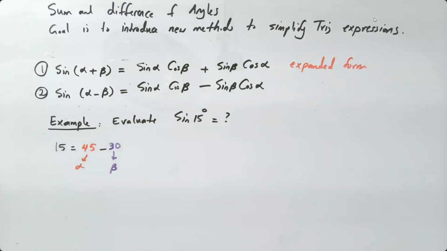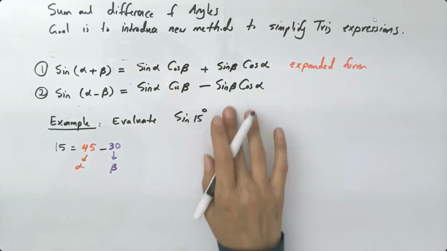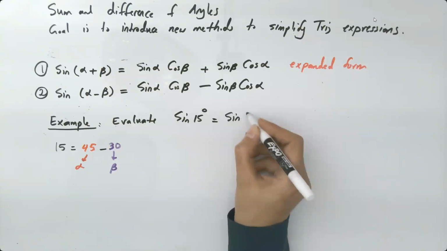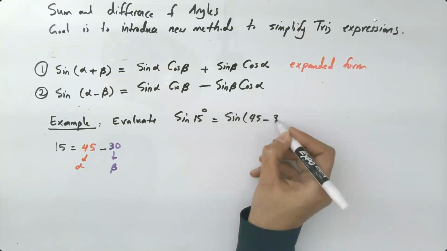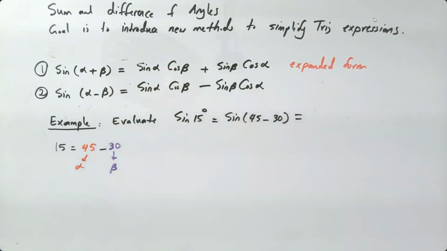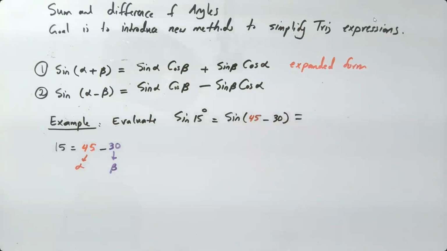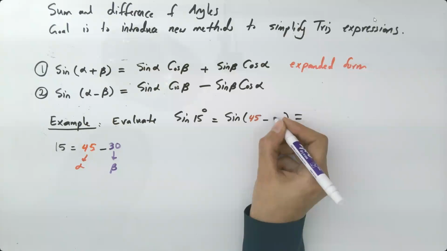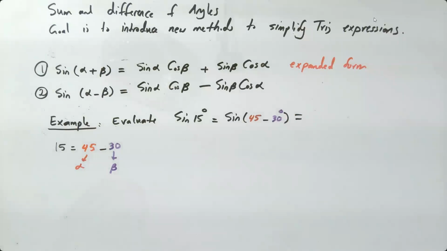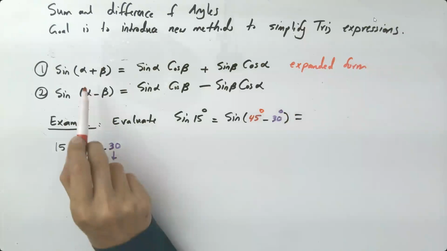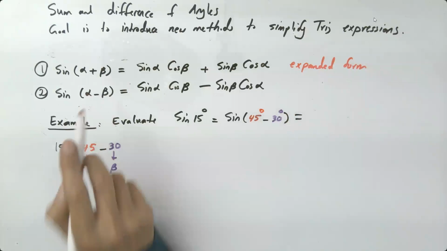Very well. So let's see. Here we have sine of 15 degrees, which can be written as sine of 45 degrees minus 30 degrees. Very well. Okay. So I have 45 as my alpha, and I have 30 as my beta. Let's follow the formula. Which formula to use? Here we have subtraction between two angles.